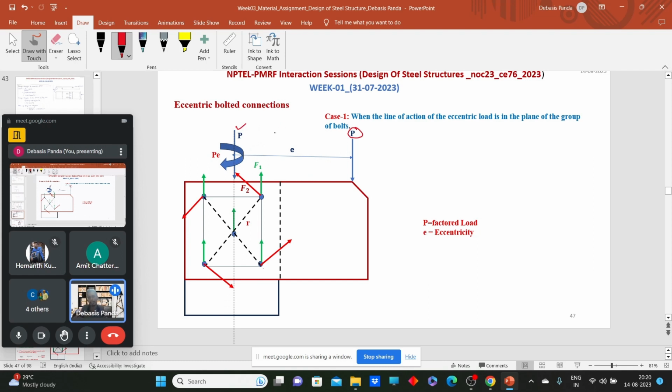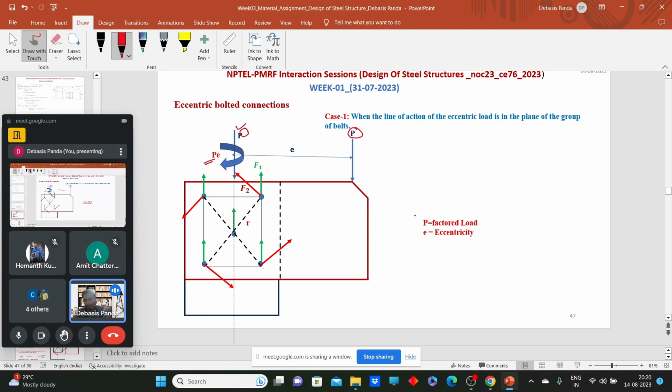So due to that direct load P and this moment PE, we need to first understand which kind of forces are generated within the bolt. Here P is the factored load and E is the eccentricity.